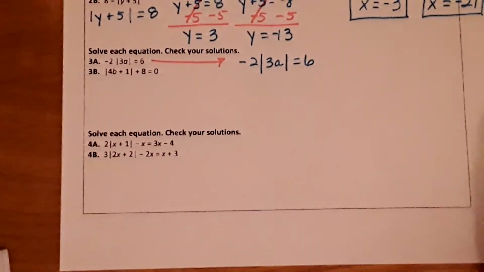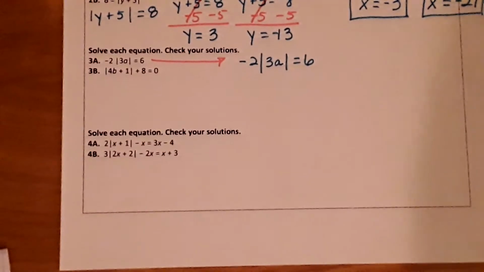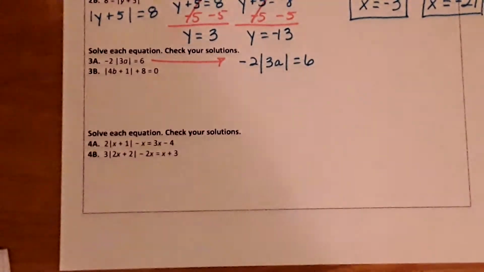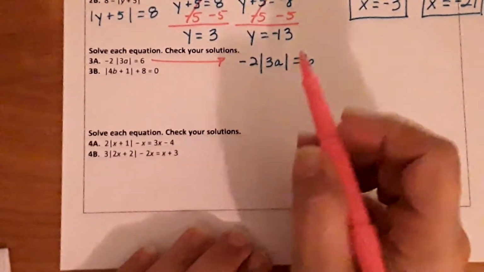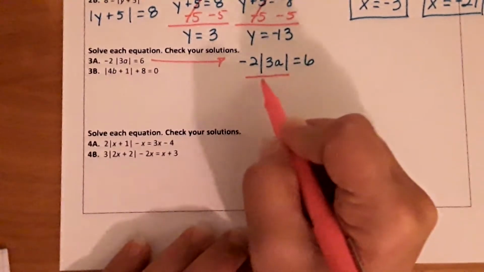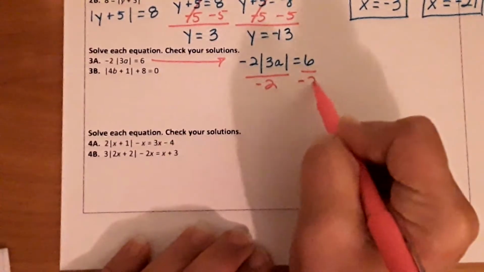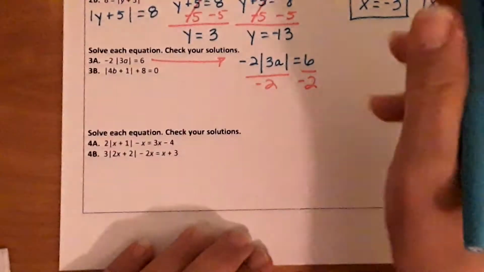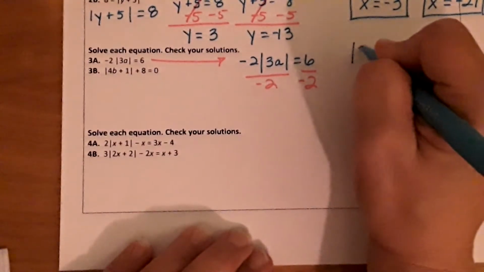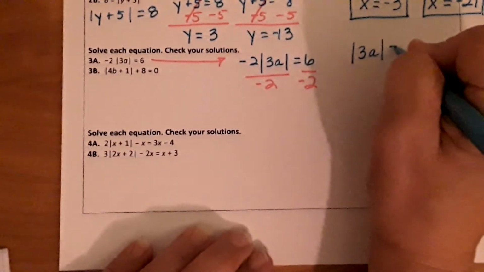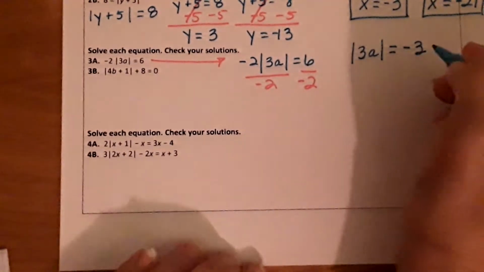Now, just like anything else, you guys, you have to isolate the absolute value. In order to isolate it, I need to divide by that negative 2. Now I have the absolute value of 3a equals negative 3.